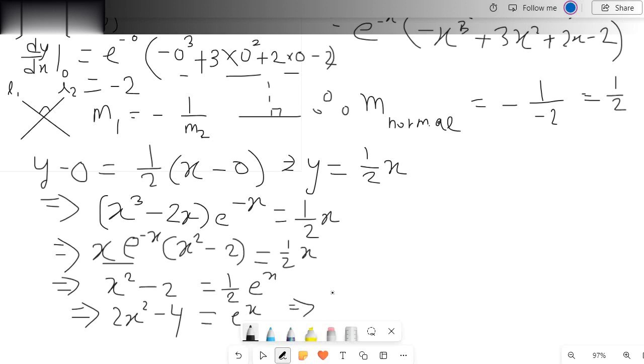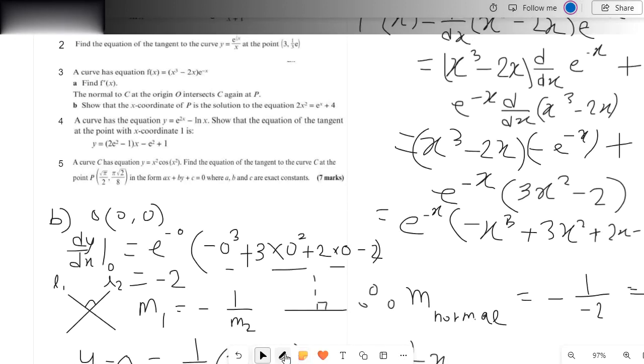And so we can rearrange and write this as e to the power x plus 4 equals 2x squared. And if you notice, this is our required answer.